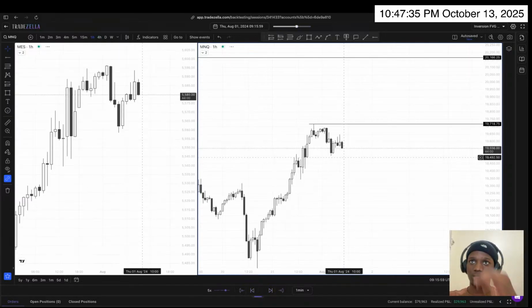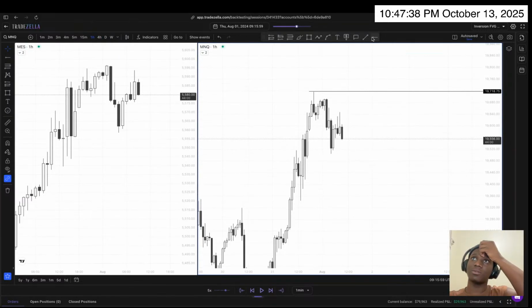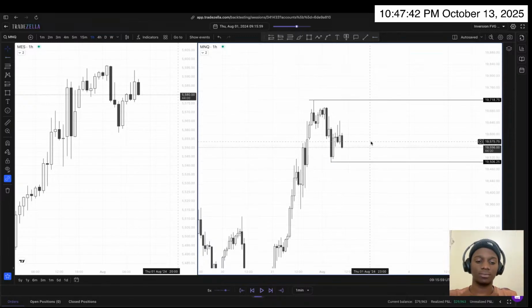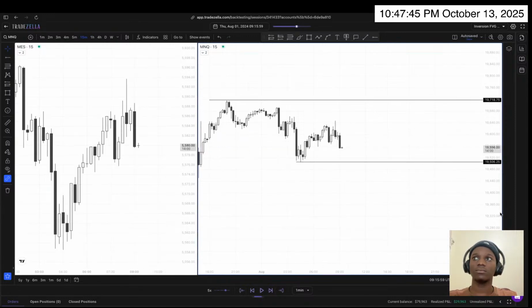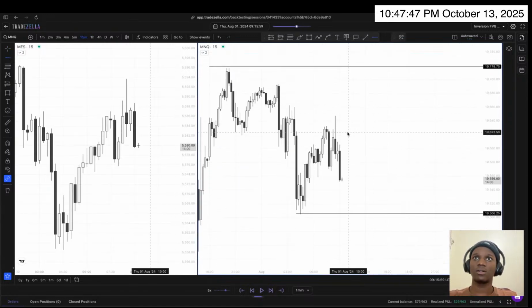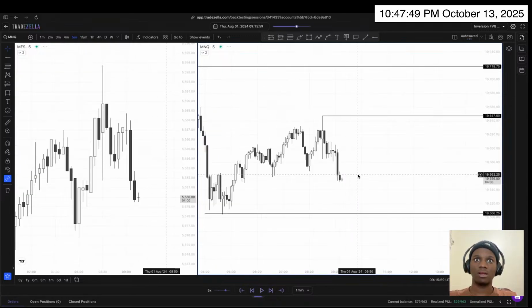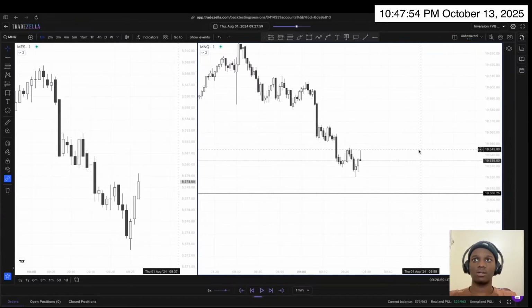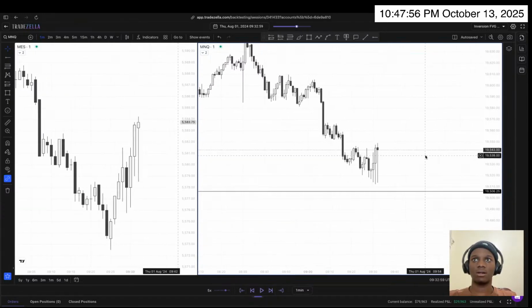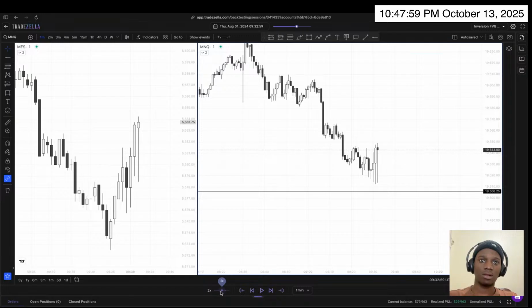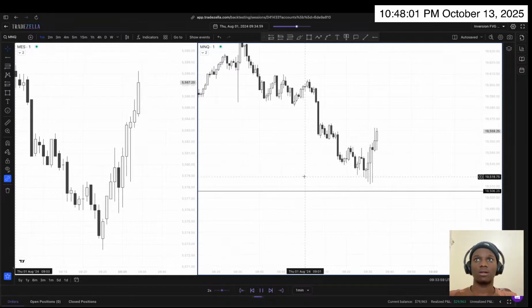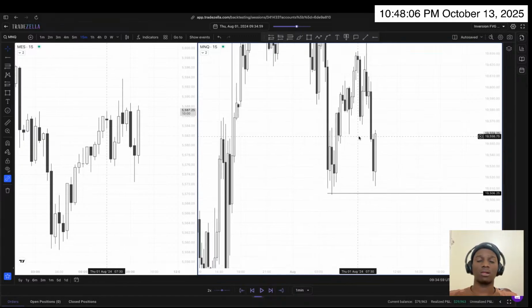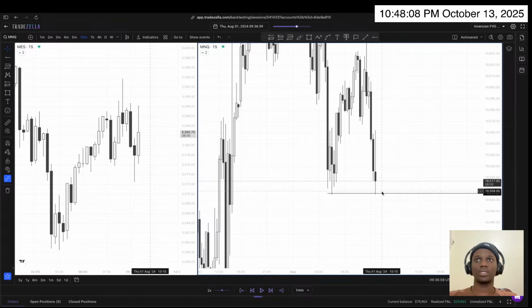Now the 1 hour, I'd like to see some performance inside of this POI. Very good London low there. It's reversing into this gap, probably will reject it and hit here.